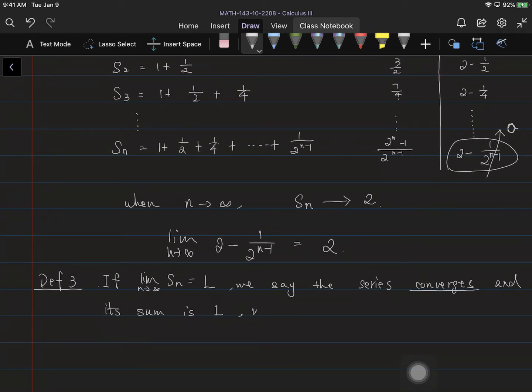We write sigma an, n from 1 to infinity, equals L. This is the sum. Okay. If the limit of the partial sum does not exist, then we say the series diverges.